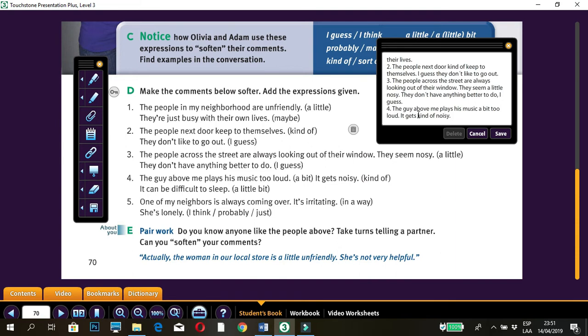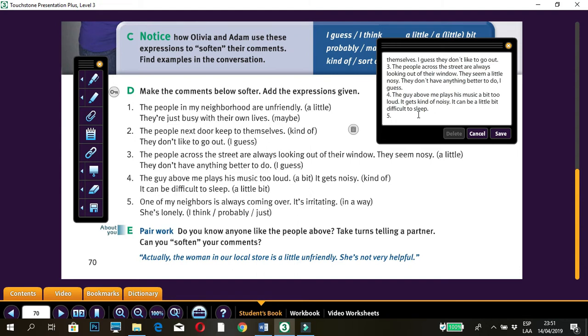A bit too loud. Yeah? It gets kind of noisy. Se pone un poco, como que un poco ruidoso, okay? So it can be a little difficult to sleep, okay?